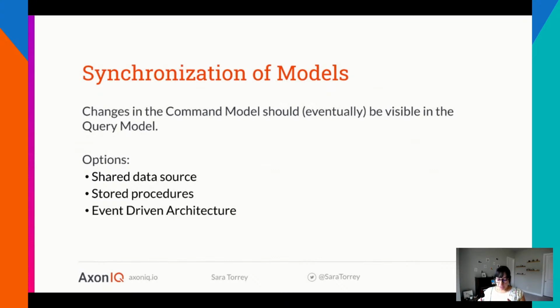So how they are synchronized is that we now have a command model which drives the decision, right? The state changes, so to speak. And the things that are being changed on this side, as I mentioned, should eventually be consistent and visible on the query model as well.